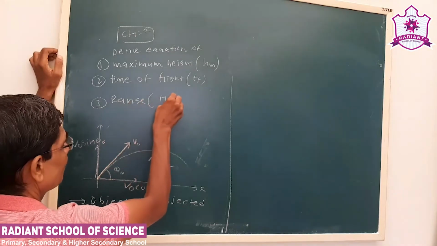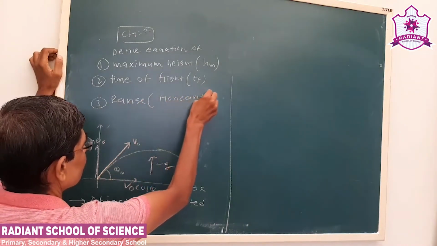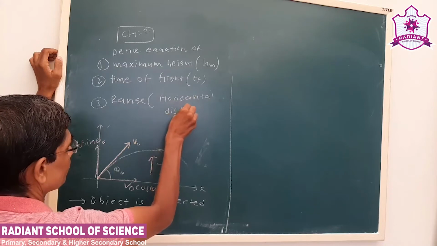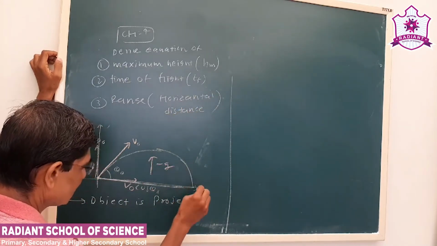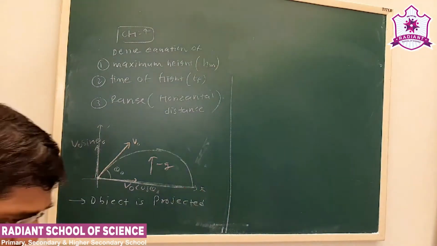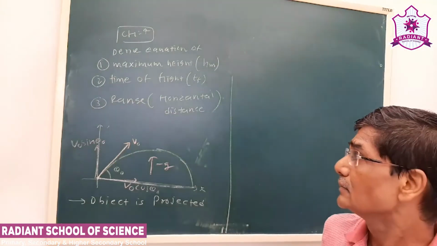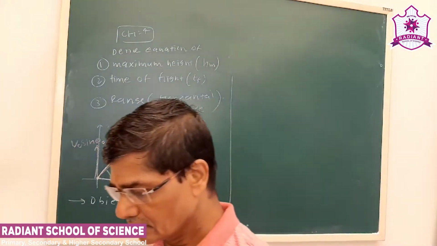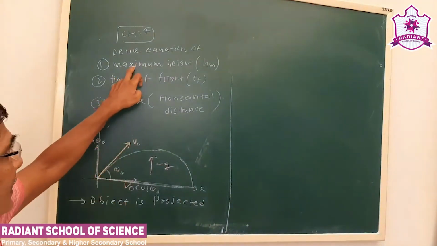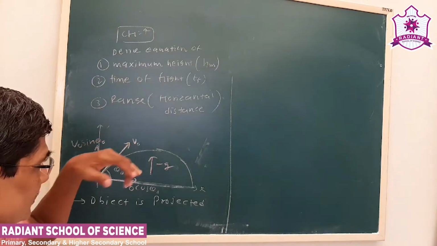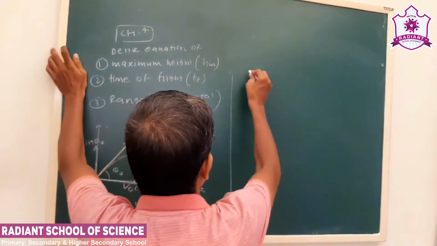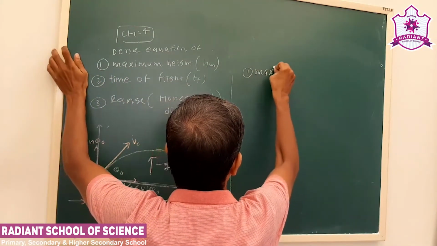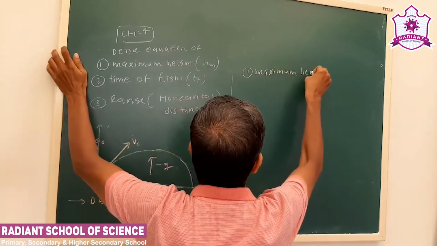Range is nothing but the horizontal distance. So first you have to derive the equation of maximum height hm, time of flight and range. The horizontal distance covered is called the range. Now first we have to derive the equation of maximum height.